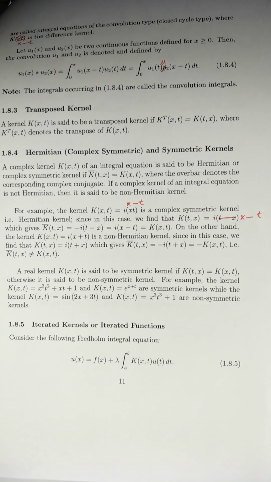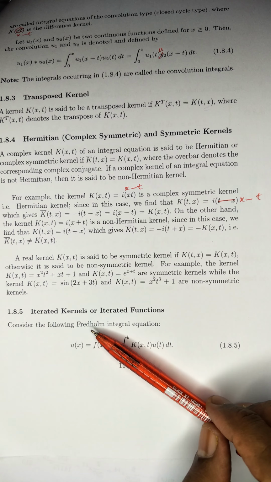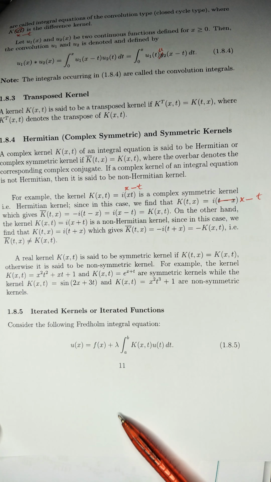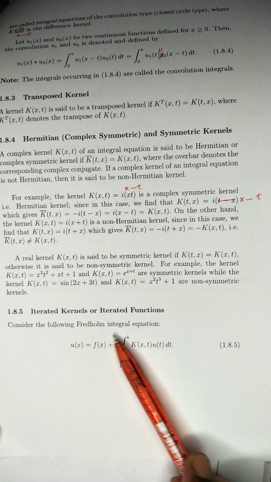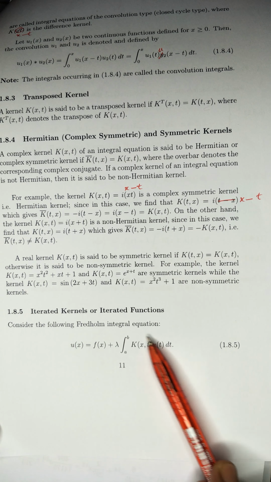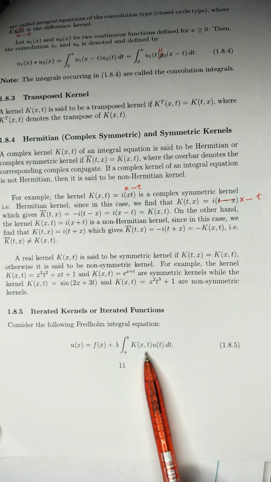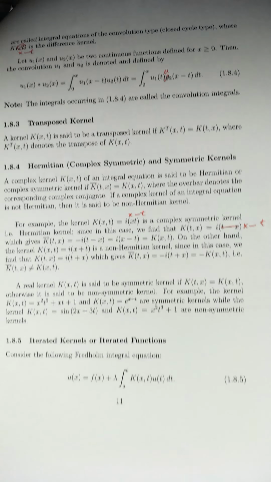Next we look at the iterated kernel or iterated function. If we consider the Fredholm integral equation of the second kind, you have u(x) equal to f(x) plus lambda integral a to b K(x, t) u(t) dt.